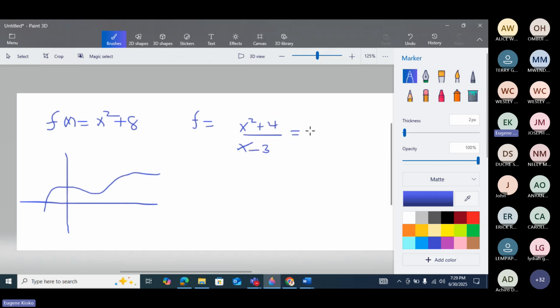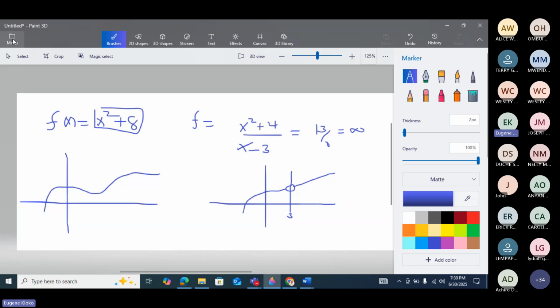If you put 3, it will be 13 over 0, which is infinite. It is a hole. So when you are plotting this, when you get to 3, it will jump, there will be a hole, then you'll continue. Therefore, we say this function is continuous at all points except at x is 3. At x is 3, it fails. This one is continuous at all points.